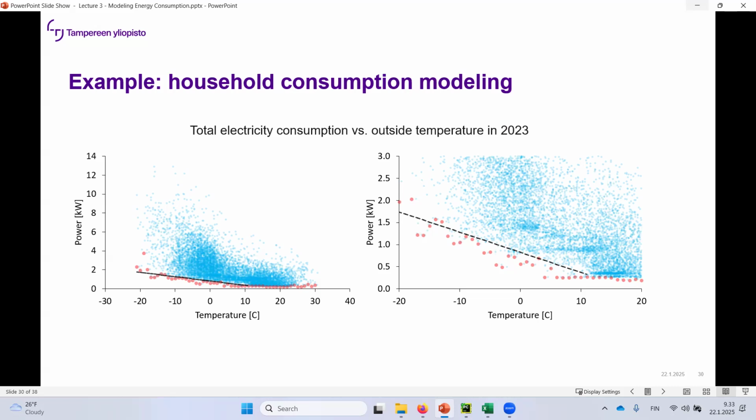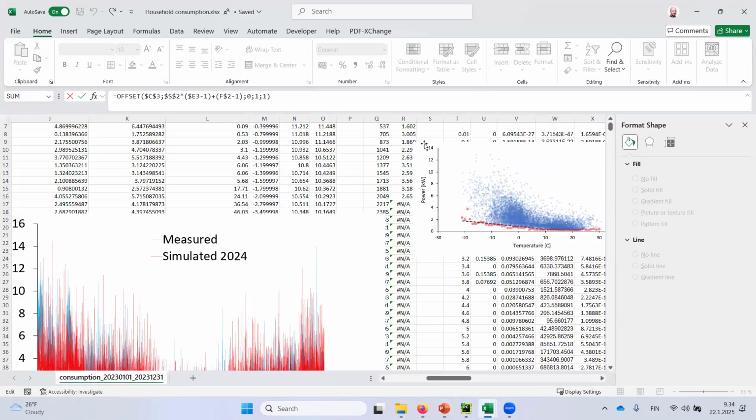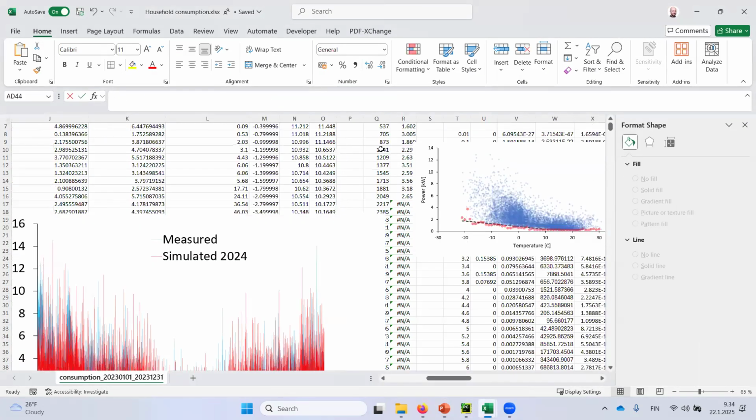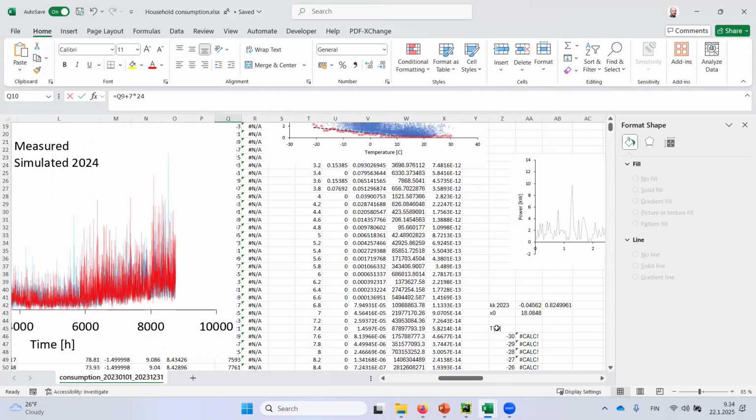Because in here, you can see that if Q equals UA delta T, you can see delta T in here, delta T in here. Delta T increases. So if I make a fit for it, as I've made, I tried making this mostly in Excel. The probability distribution I had to move to Python.